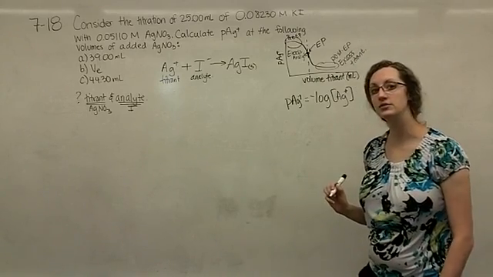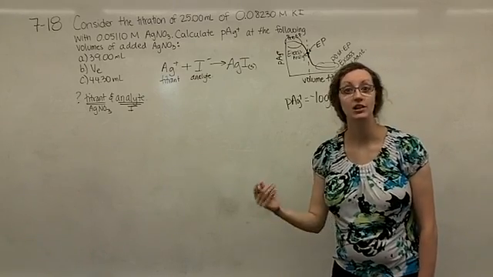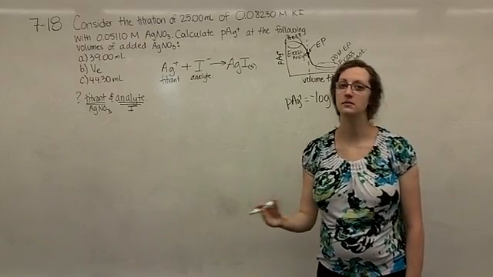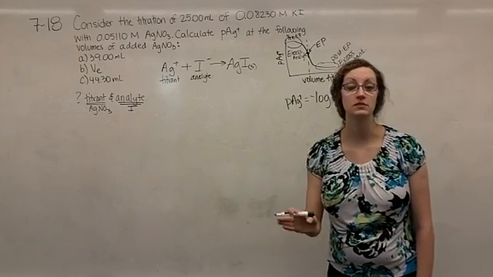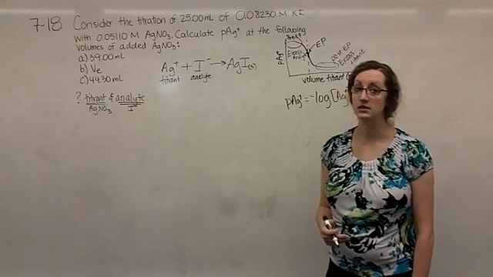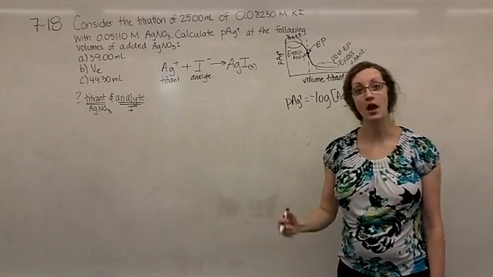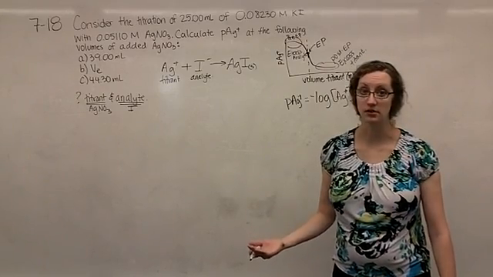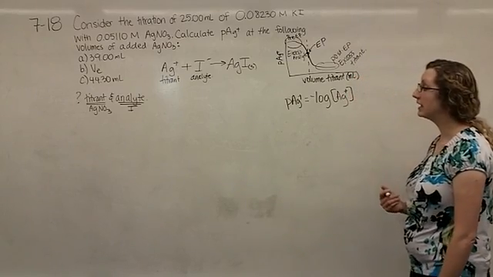So we're going to have a higher concentration of Ag+, hence also a lower pAg+. Because if we have a lower p, even in the case of, say, pH, if it's a lower pH, we have a higher concentration of H+ ions. Same idea for silver. If we have a low pAg+, then we have a high concentration of Ag+ in our solution. Okay, so let's go back to the question at hand.